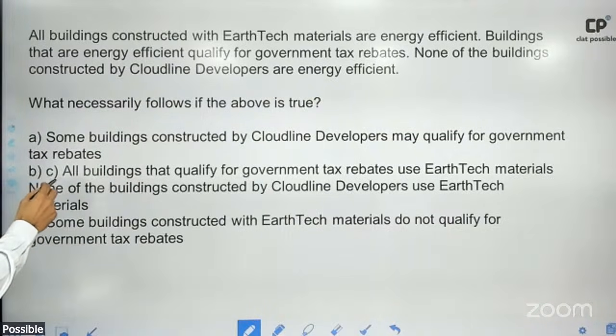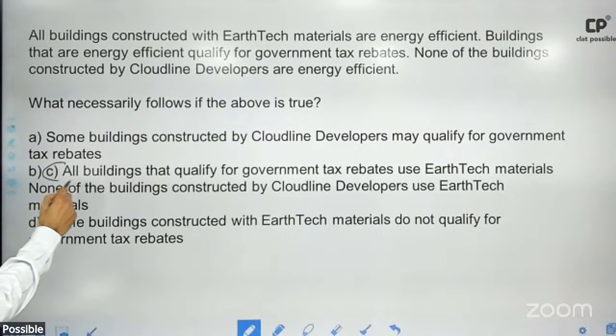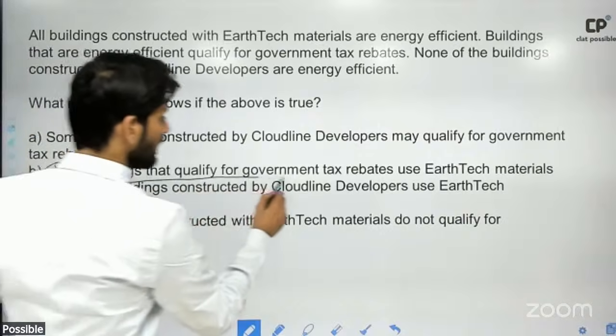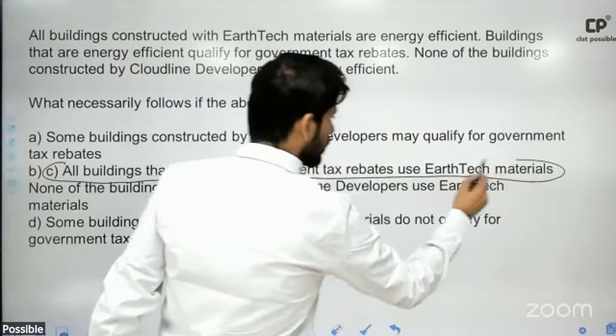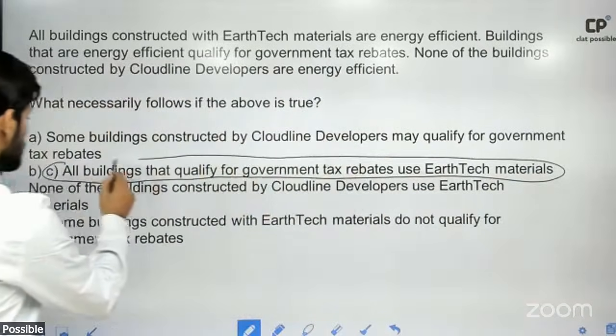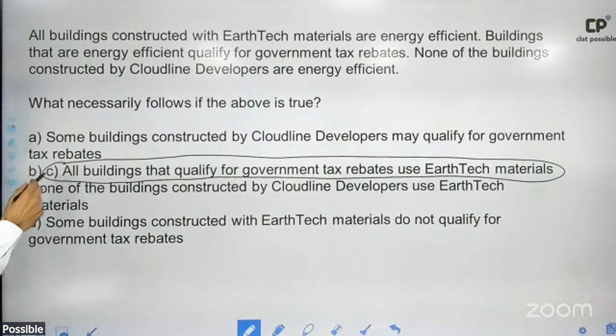So this is C here. Treat this statement as C, right? So this option is C, and option B is this one. Okay, this is option B.